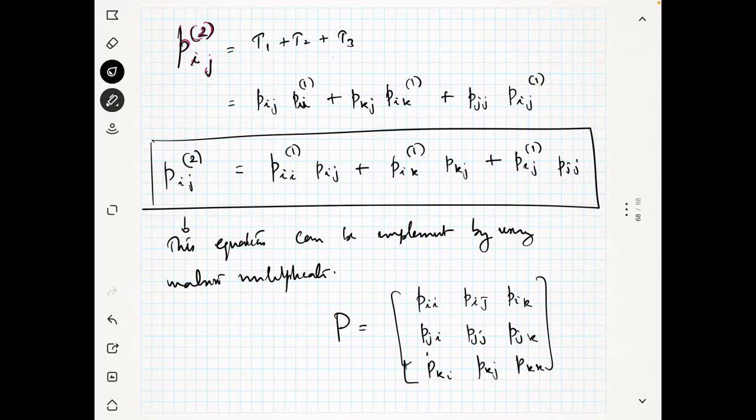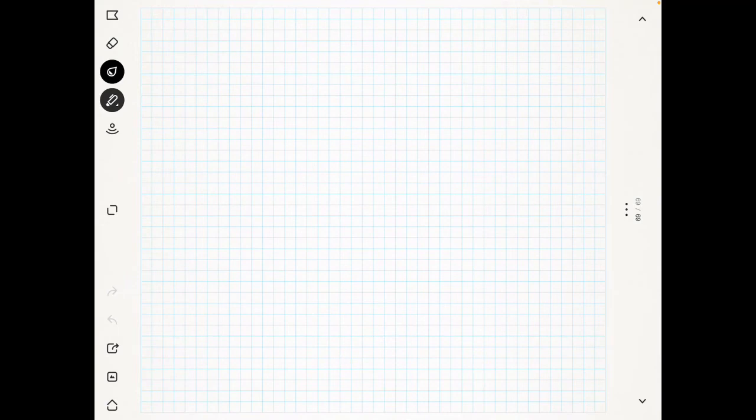So if you want to find the transition, the overall response at the second time instant, then you just have to find P2, which is nothing but P into P. If you multiply P into P, you will get these kinds of terms as shown in the equation. So this can be easily found out by matrix multiplication.